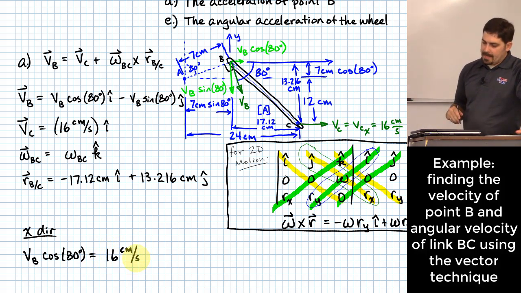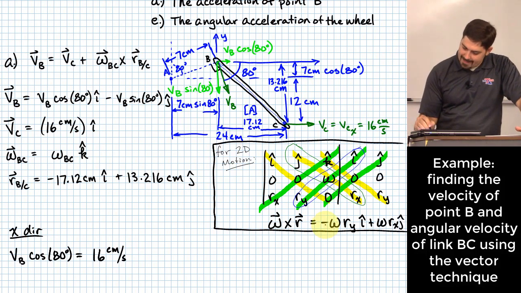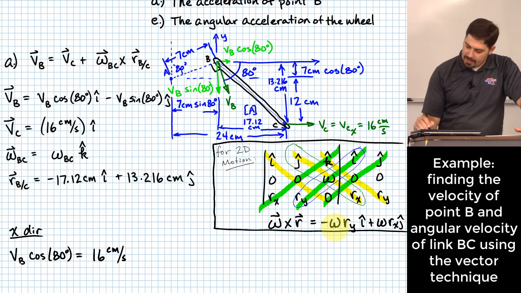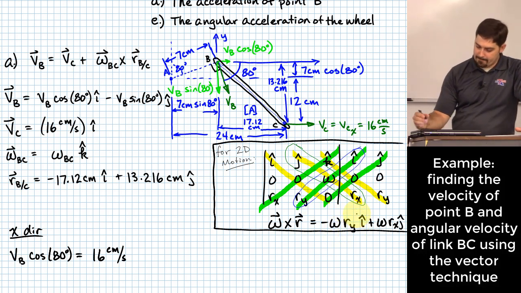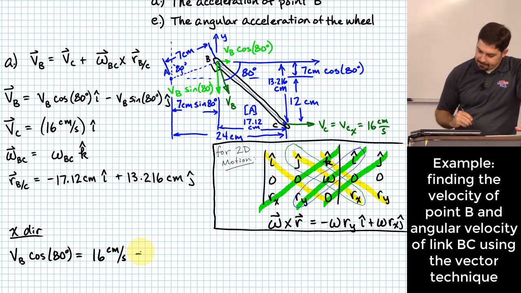Okay, and now, how do I figure out what my x component is of omega BC crossed into RB with respect to C? Okay, well, I look over here and I say, all I need is just minus omega times RY. Right? So I go minus omega. I don't know omega yet.